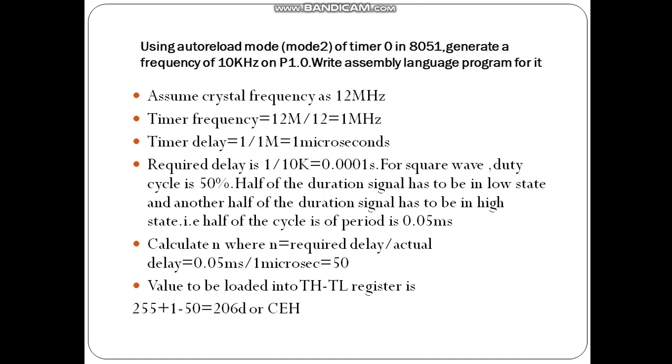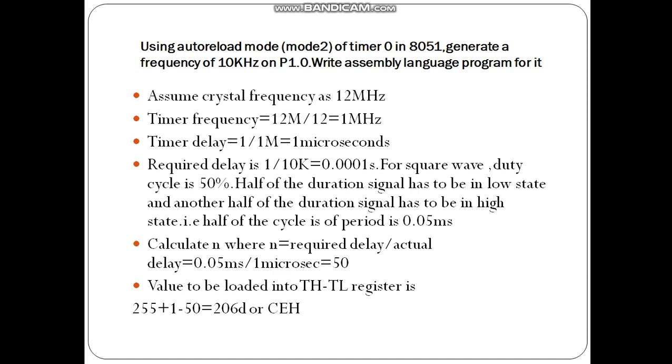The inverse of the timer frequency gives us the time delay, which is 1 microsecond. So for the required delay, it is given in the question that we have to generate a square wave of 10 kilohertz. So when we take the inverse of that, the total time duration is 0.0001 seconds.